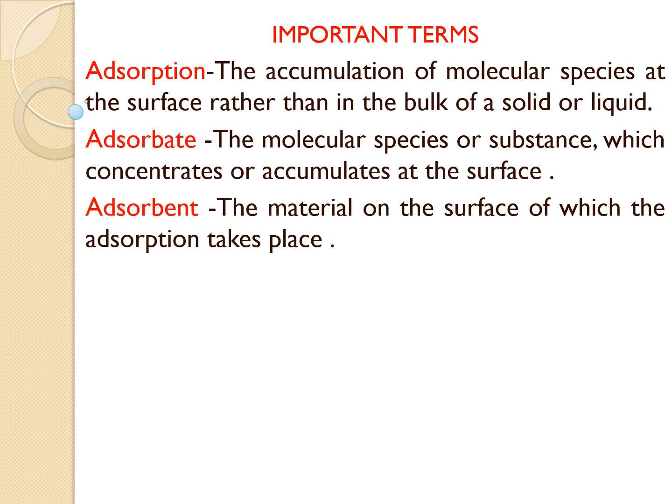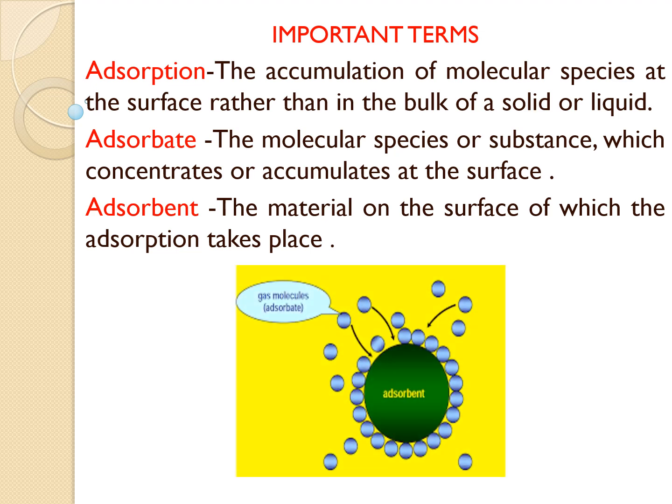Now, one example, silica sachet. It behaves as adsorbent which provides the surface on which water molecules from the moisture get adsorbed. So, water molecule acts as adsorbate and this phenomenon is known as adsorption. Here is the diagram from which things will be clear.